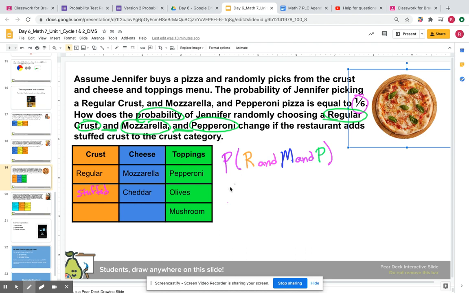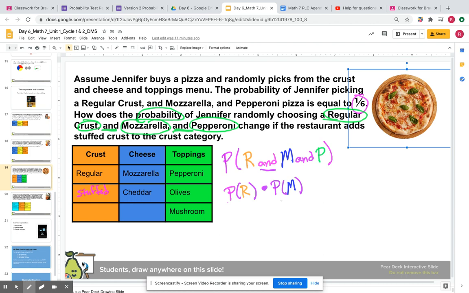Okay, so we're going to break up this setup into individual probabilities. One probability will be the probability of picking a regular, R for regular, and go back to the purple to put the parentheses, the probability of that, and that means multiply by the probability of mozzarella, picking mozzarella randomly.